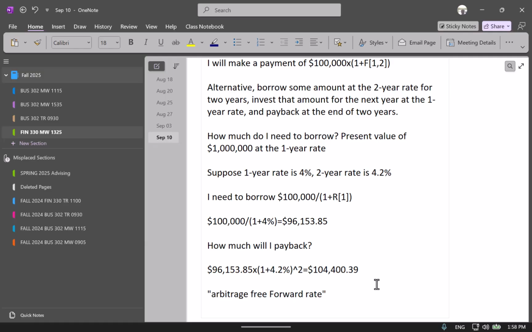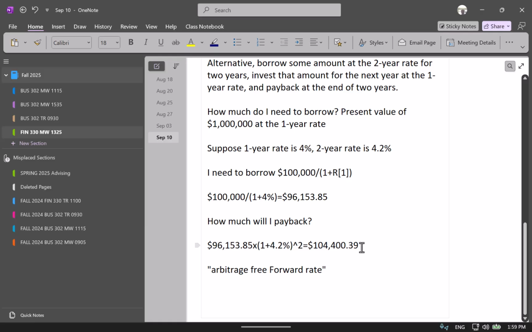is this amount divided by the principal minus 1, of course. Maybe I should also multiply it by 100 to get some digits.